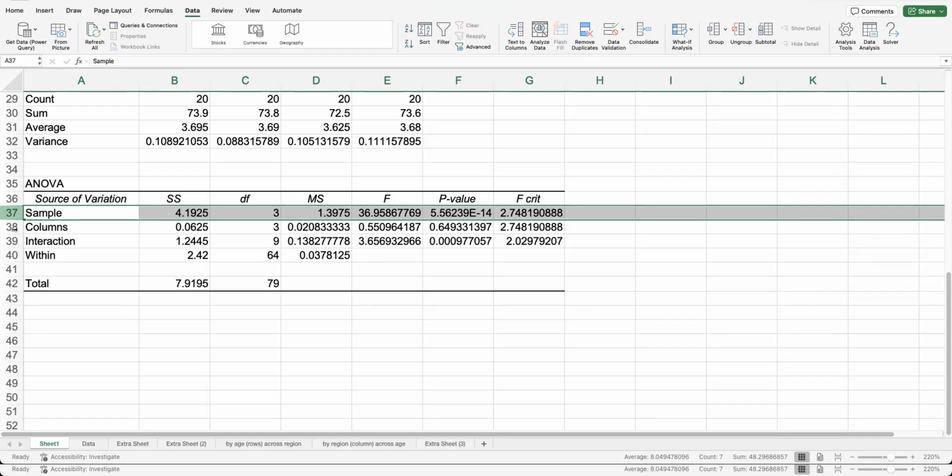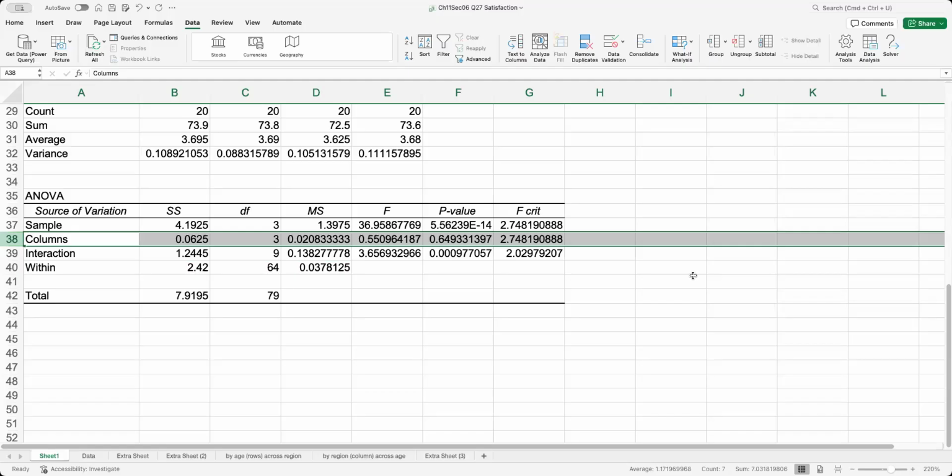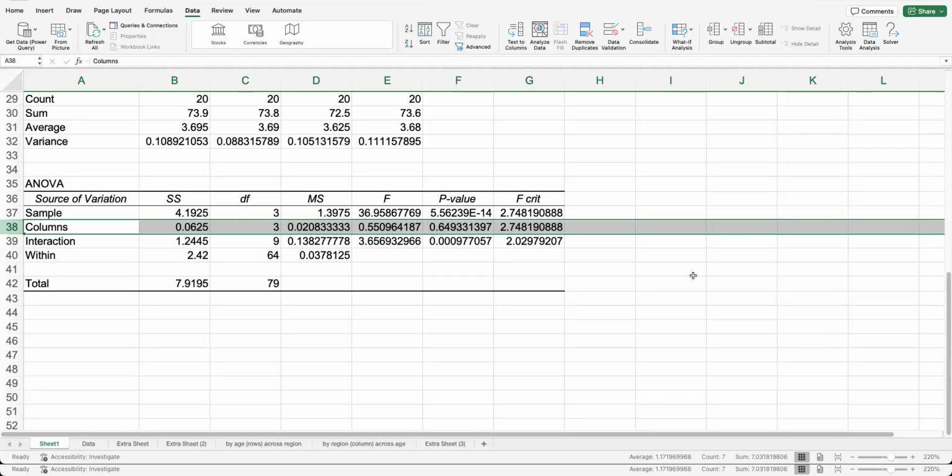How about region? Does where I'm located make a difference? The p-value is greater than 5%, and your F crit is bigger than your F value.